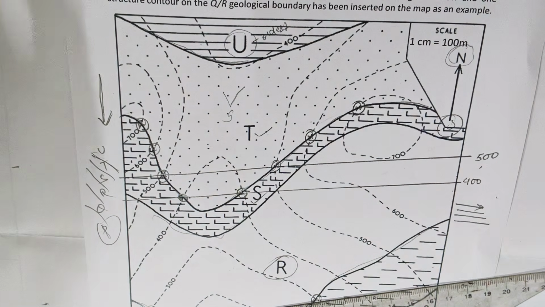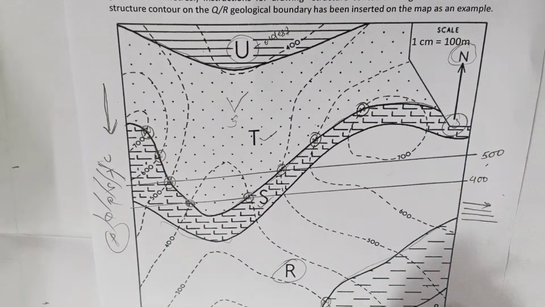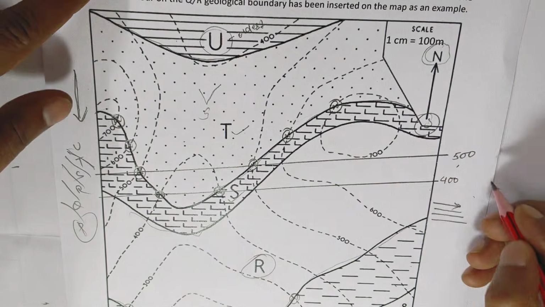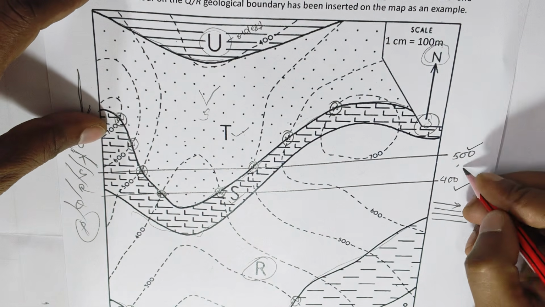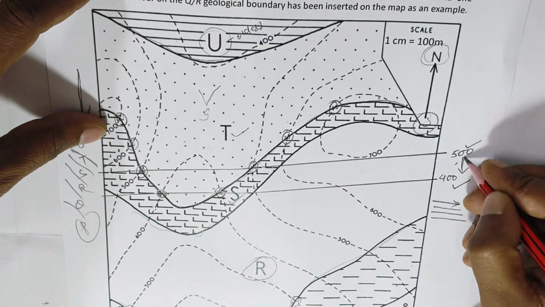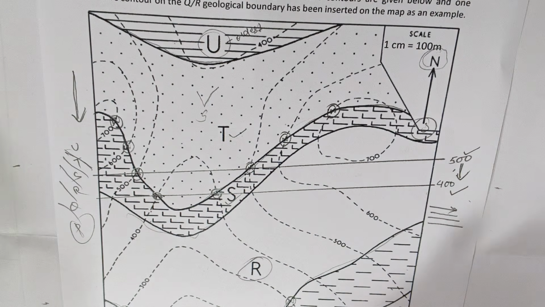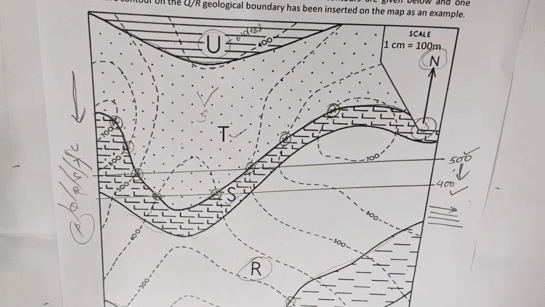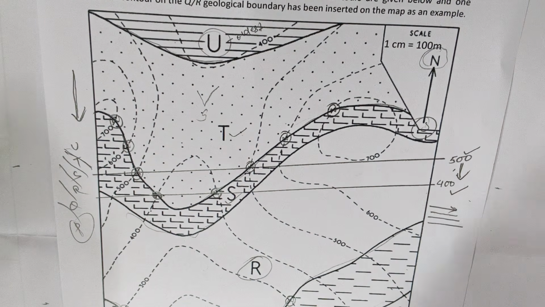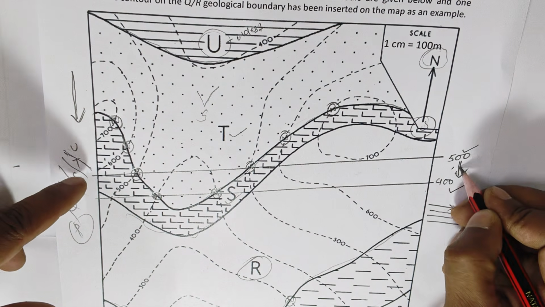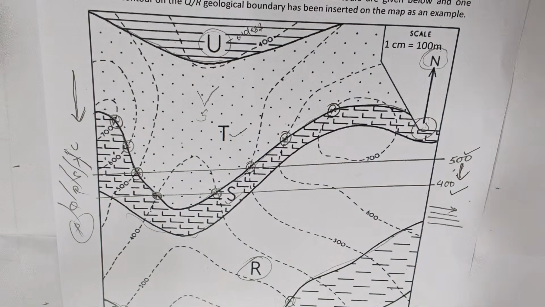With the help of these structure contours, we can see this is the higher value and this is the lower value, so the dip will be towards the south. So with the help of these 3 methods, we can see that the beds are dipping towards the south side.